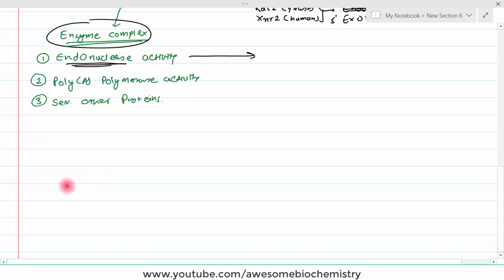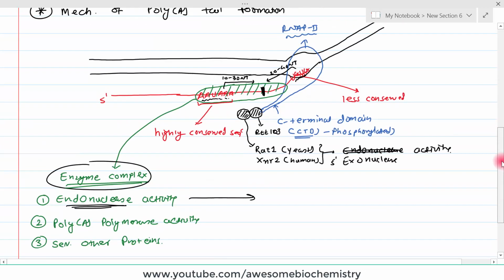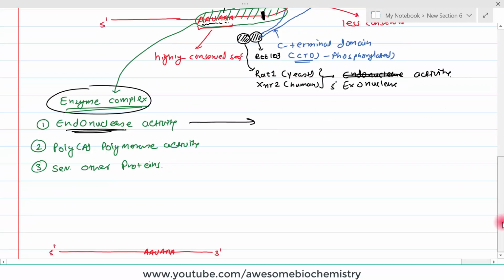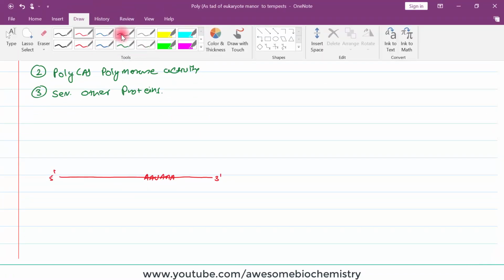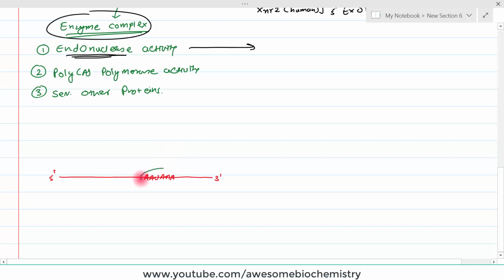One piece of RNA, this piece of RNA which has the AAUAAA conserved sequence, this is the 5' end, this is the 3' end. I have drawn this piece of RNA which is still bound with the enzyme complex. So let's draw the enzyme complex like this.